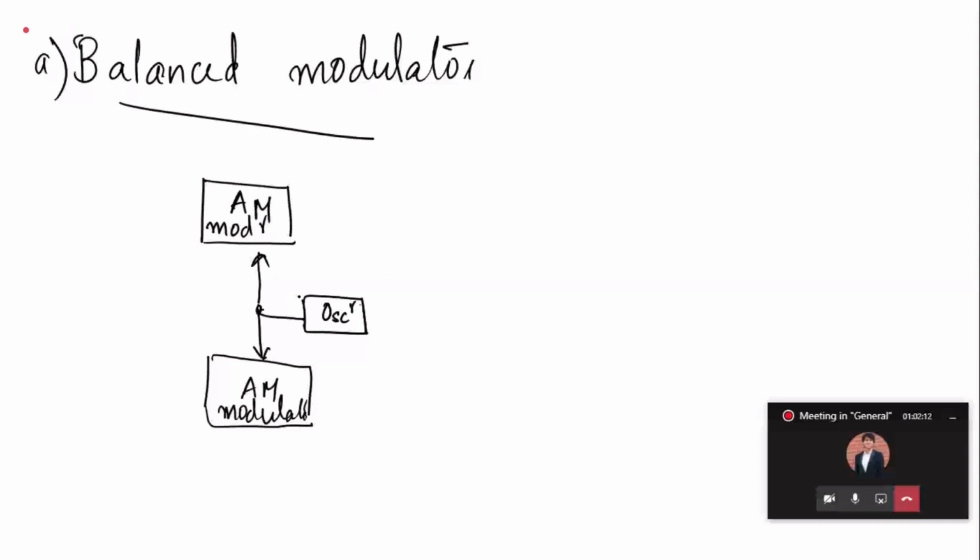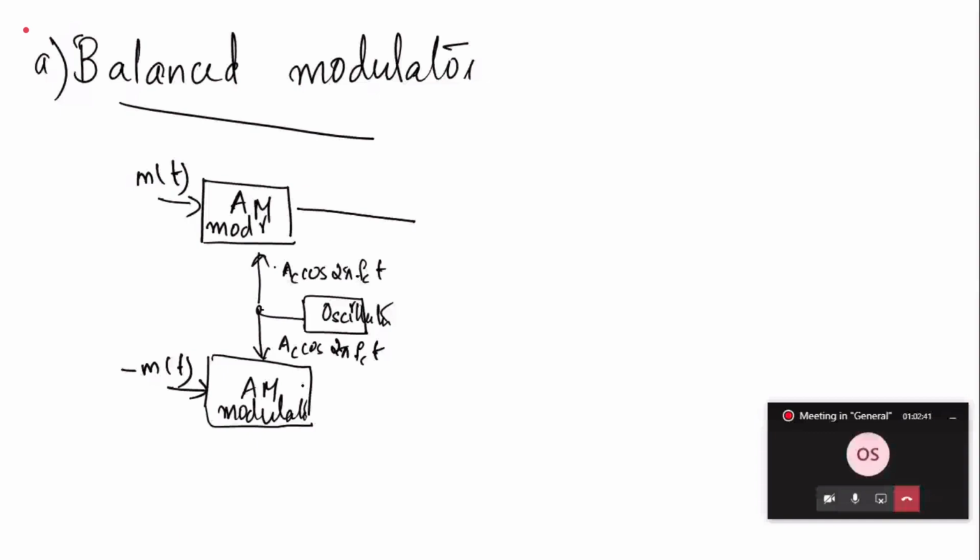Oscillator. So you are supplying the carrier here, Ac cos 2 pi fc t, and you are giving the message signal m of t here and minus m of t here. So the balanced modulator consists of two AM modulators. The input to each AM modulator is the message signal and the carrier.